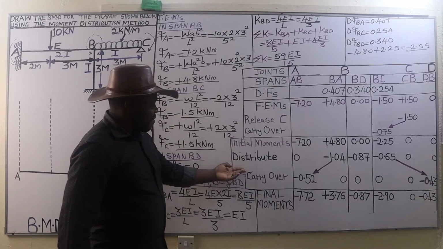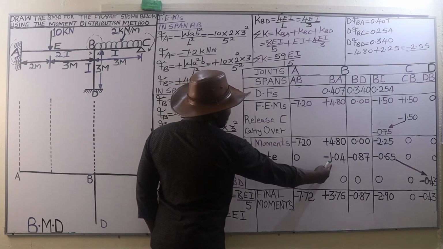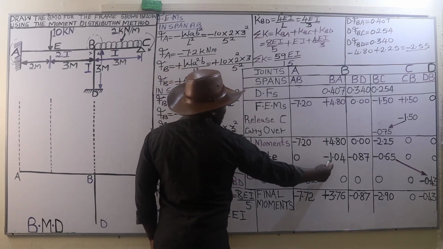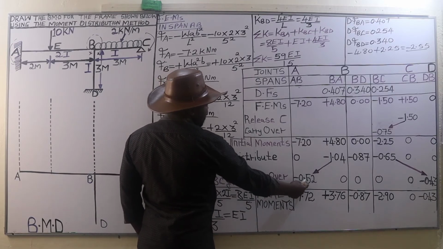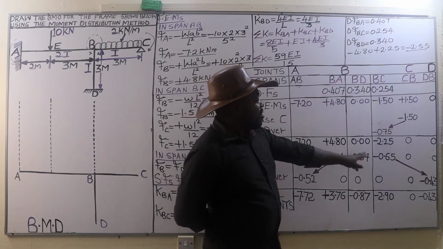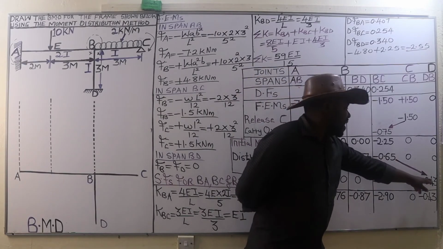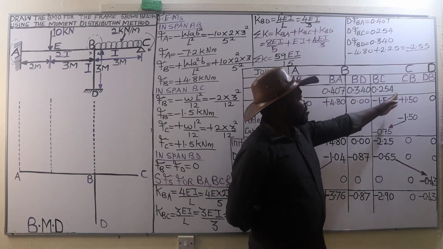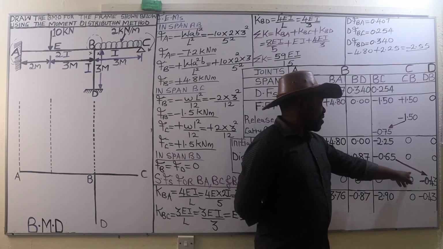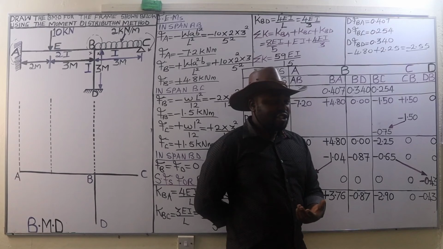Then after distributing, we are going to carry over, and in this case we are going to carry half of this moment of negative 1.04 from joint B to joint A. So half of 1.04 is negative 0.52. On this other end, we are going to do the same. On joint B, we are going to carry half of this negative 0.65 from joint B to joint D. We cannot carry it to joint C because we have already balanced C. So if at all you carry it to C, you are going to have an unbalanced joint at C, which we don't want to do.